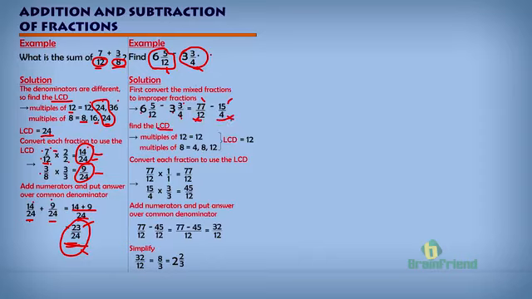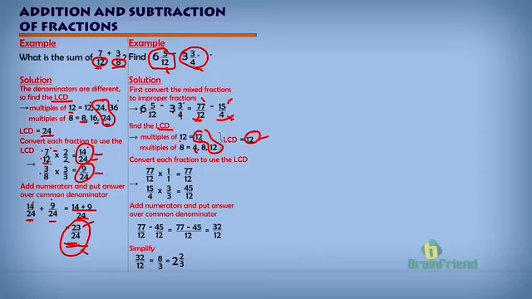Quickly, we find the LCD. Multiples of 12 will give us 12. Multiples of 4 will give us 4, 8, and 12. 12 is the common multiple. So our LCD is 12. We find a number that if we multiply 12 with, will give us what we seek for an LCD, 12.